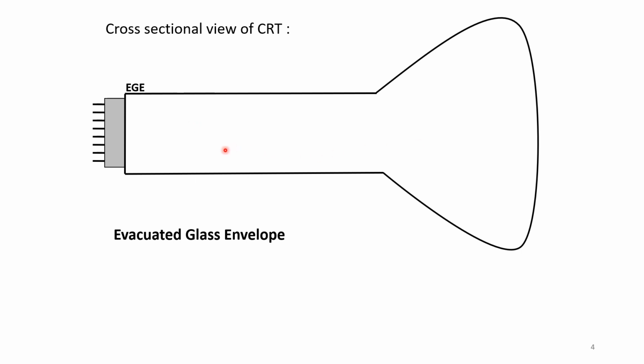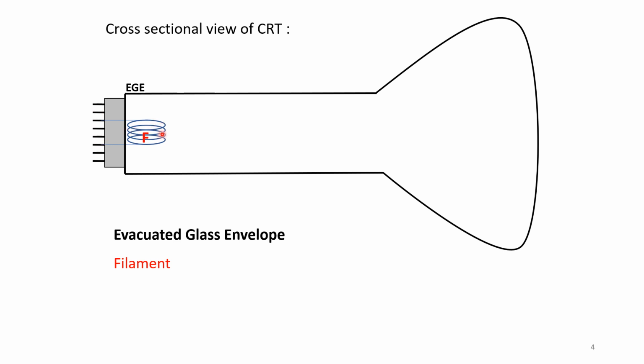Here we have the evacuated glass envelope, EGE. This is made up of glass and it is evacuated. And on one side we have a number of terminals here. Don't give too much importance to the number of terminals here. It differs in different textbooks.